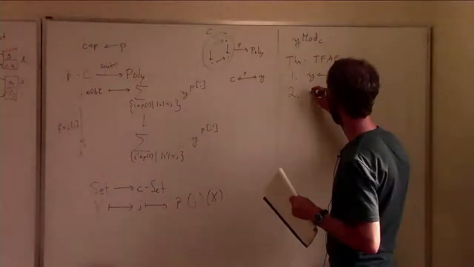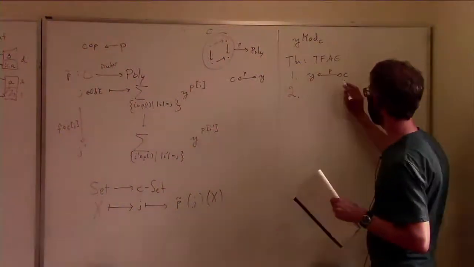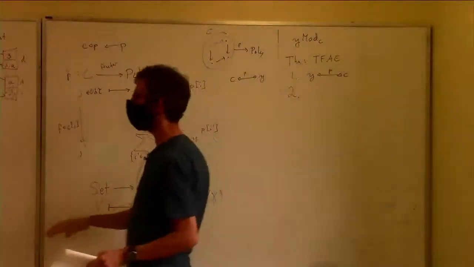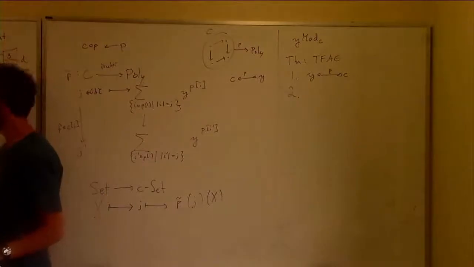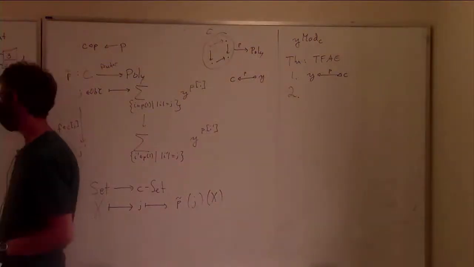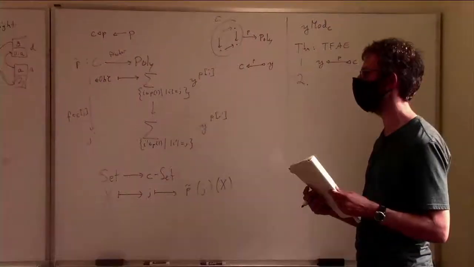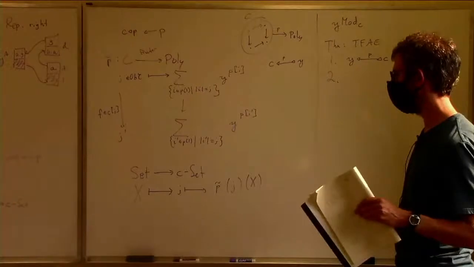So what is equivalent? A YC bimodule. All this stuff is very abstract, but what I'm trying to tell you is that there are many different ways of looking at the same structures, like linear left and representable right and functors from C to set, and all that stuff are all equivalent. So now I'm saying some new one, but it's all pretty abstract.